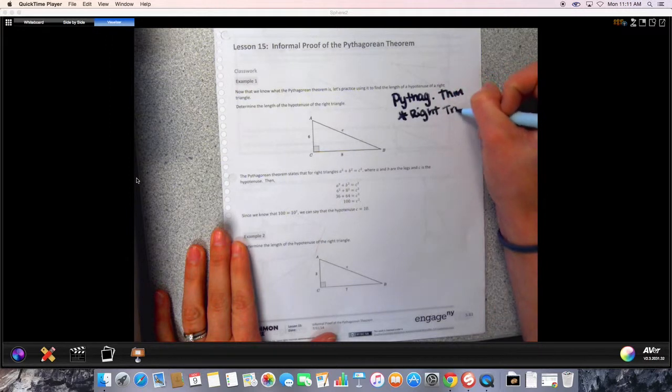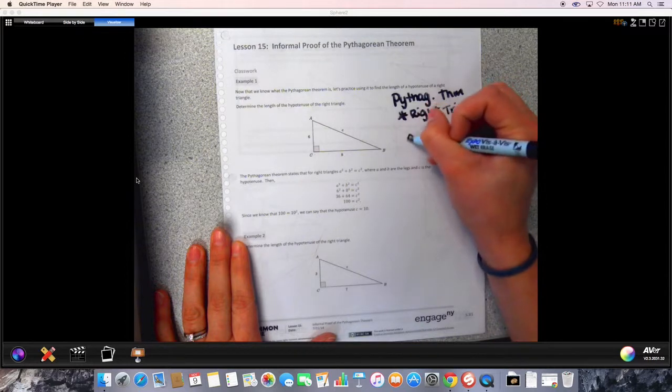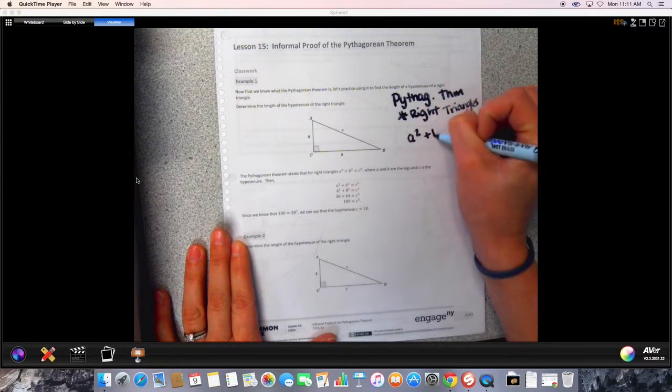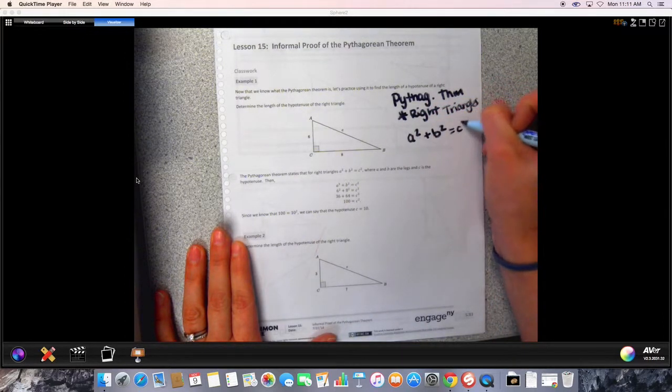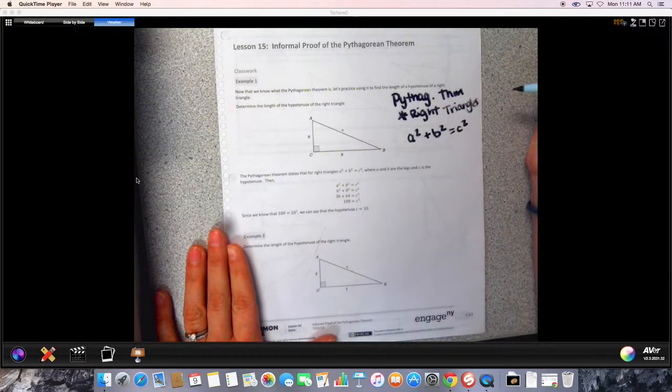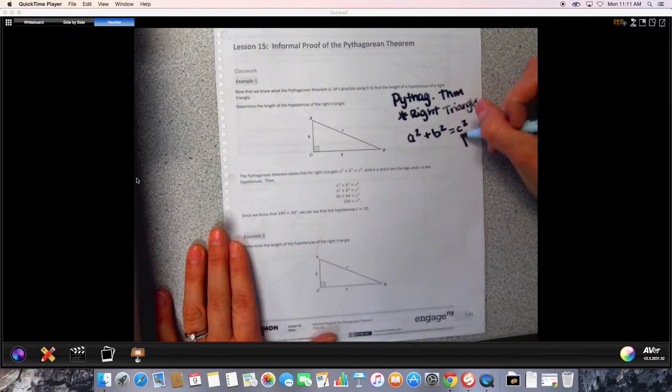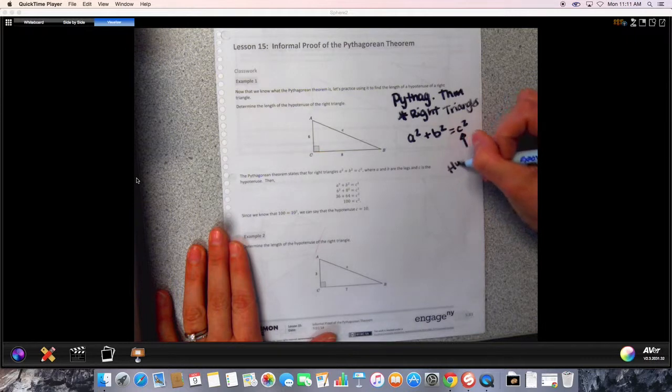And what it says, the formula is that a squared plus b squared equals c squared, where a, b, and c are the sides of the triangle. Now the important piece of information to this is that c is always going to be the hypotenuse.